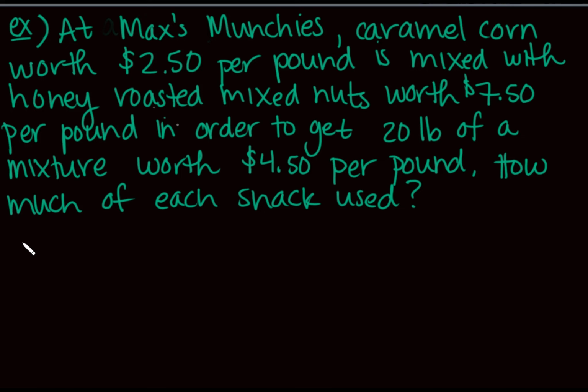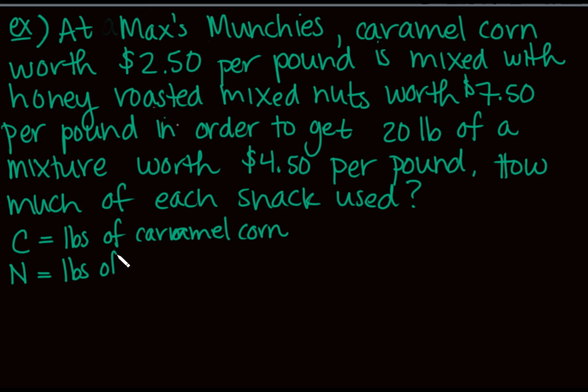So I am going to let C equal the pounds of caramel corn, and then we have honey roasted nuts, so let's use N for the nuts. This is the pounds of nuts that I'm going to have. I have defined my variables.